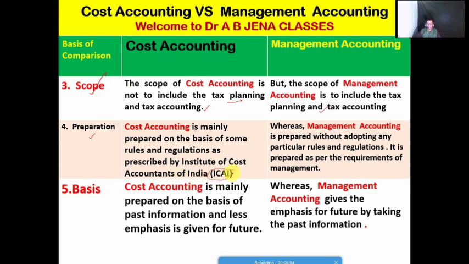Friends, you have to remember, in ICAI, I stands for Institute, C stands for Cost, A stands for Accountants, and I stands for India. Whereas management accounting is prepared without adopting any particular rules and regulations. It is prepared as per the requirements of management in order to take important decisions.